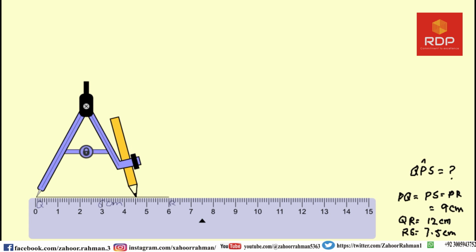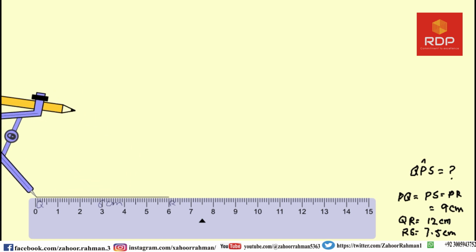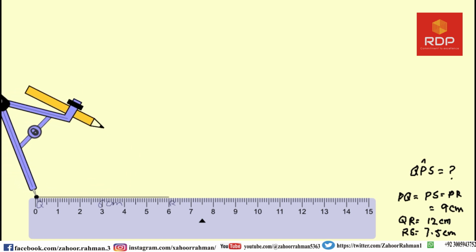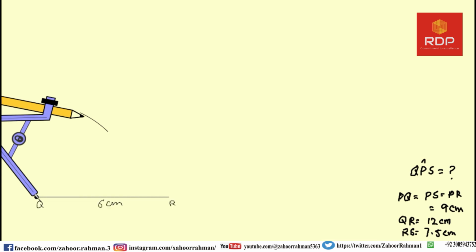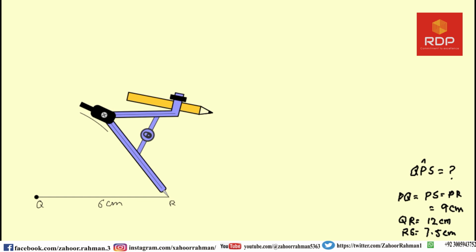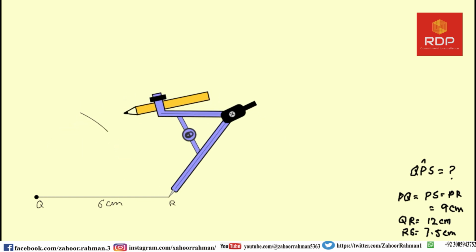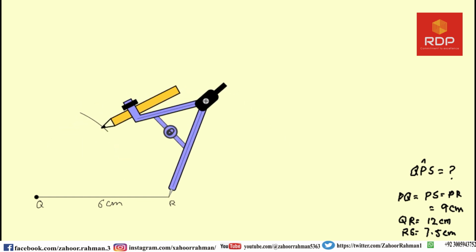Let us lock it and draw an arc of 4.5 centimeter. You have to draw it as 9 centimeter. Okay, now there is another line which is also equal to 9, and that is PR.